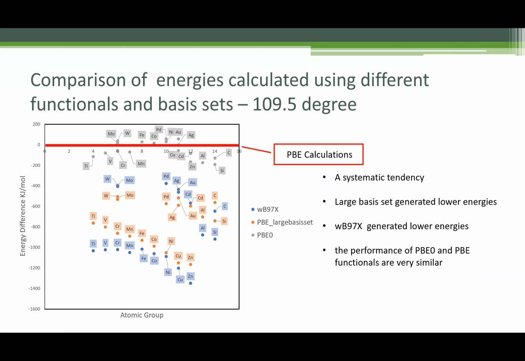It makes sense since large basis size creates a high degree of freedom. And another systematic tendency is WB97X generated lower energies. It makes sense too, since WB97X is a higher level functional compared to PBE.